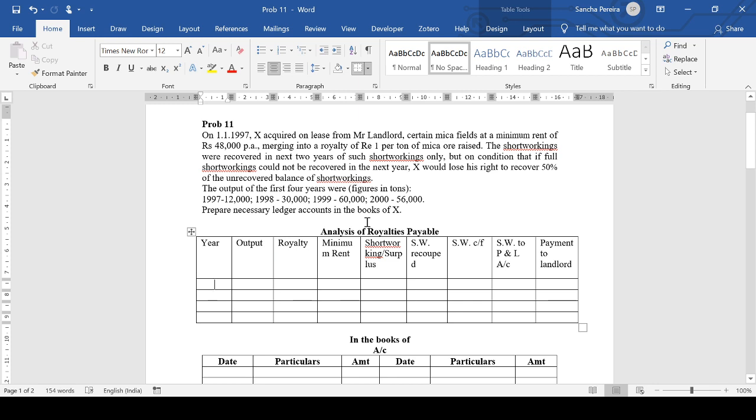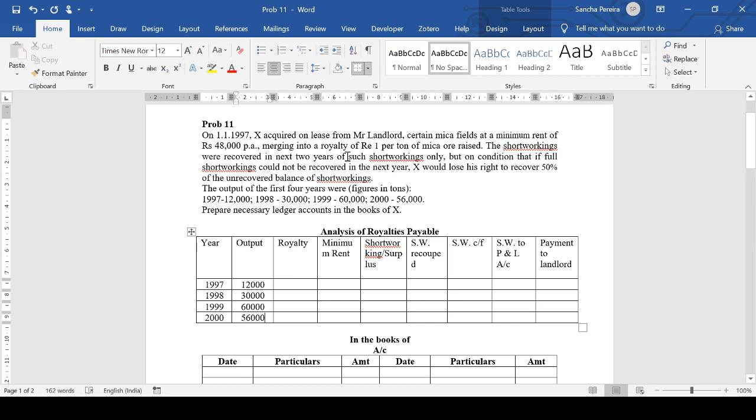So in the books of the lessee, X acquired from Mr. Landlord. So we have the usual columns. So the 4 years are 1997, 1998, 1999 and 2000. So the output here is 12,000, then it is 30,000, then it is 60,000 and 56,000.